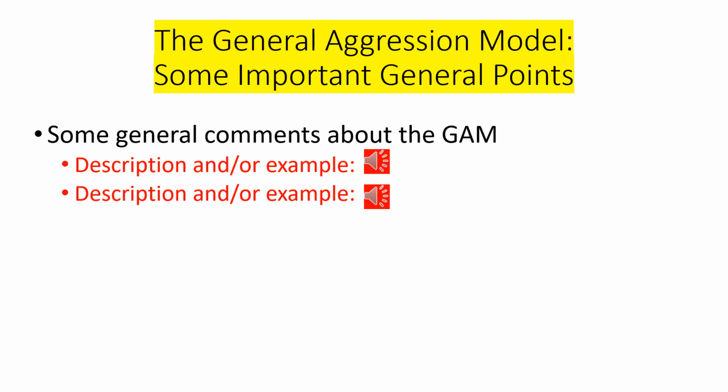Before we get into the specifics of the general aggression model, there's a couple of general comments that need to be made. The first of these is that if you take a look at the diagram, it shouldn't take you very long to figure out that I'm really going to like this model.